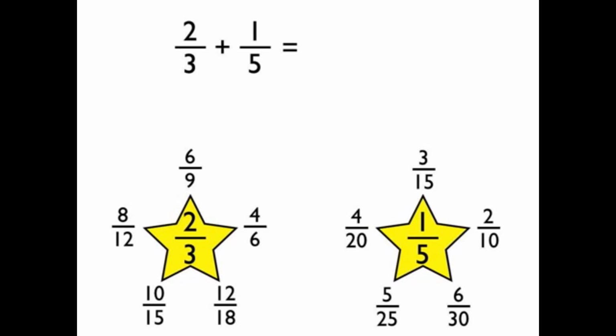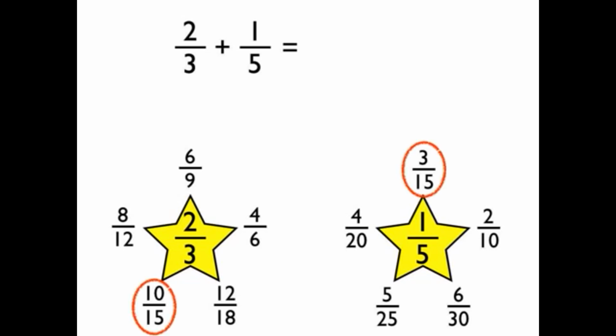So I've written them around that fraction. On the right hand side, you can see that I've written equivalent fractions to 1/5. So 1/5 is equal to 2/10, 3/15, 4/20, 5/25, and 6/30. Okay, so you take the two original fractions and then around them you write equivalent fractions to them.